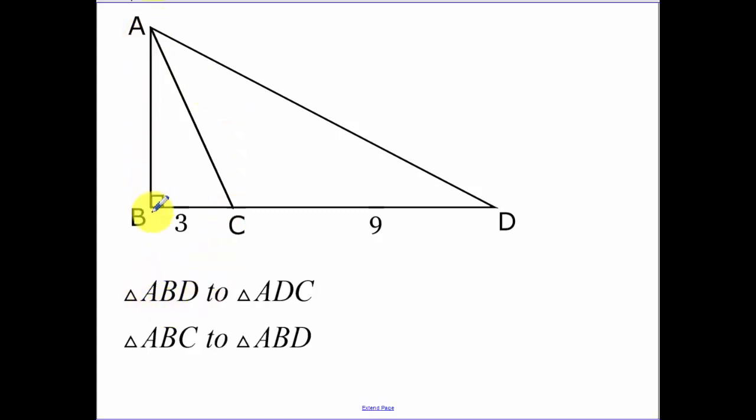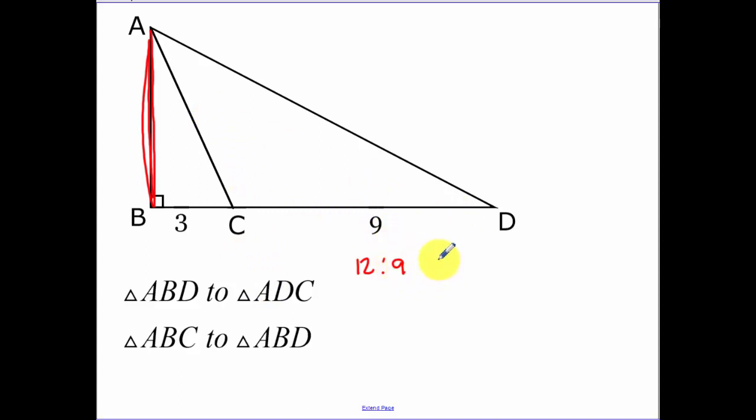Triangle ABD to triangle ADC. They technically both share the same height of AD. So if they have the same height, it's the ratio of the bases. So the ratio of the bases: for ABD, our base is BD, so that's 12, and ADC, 9.